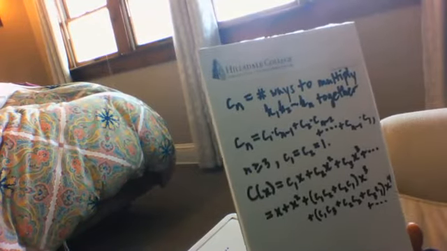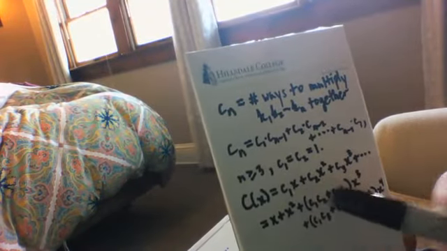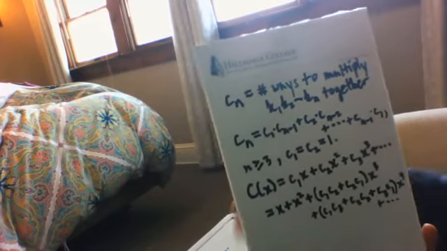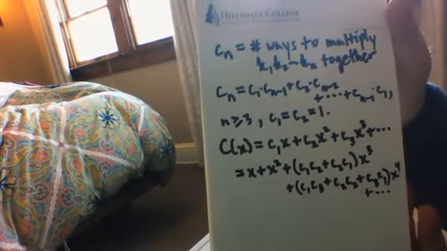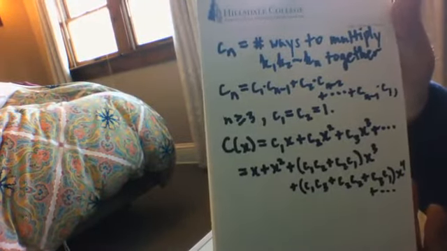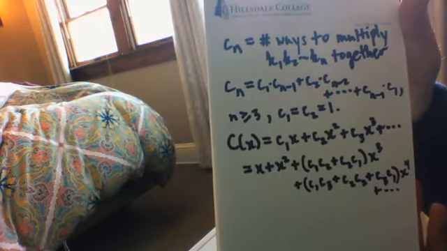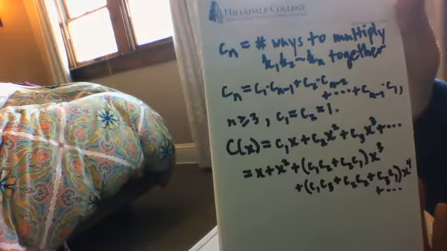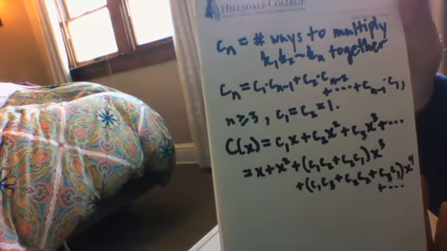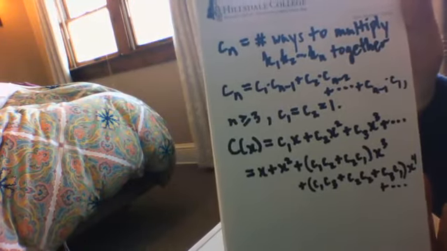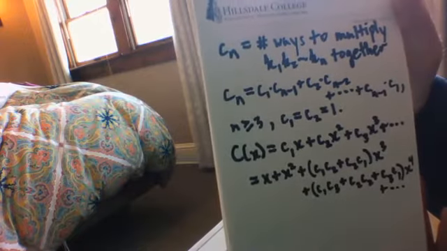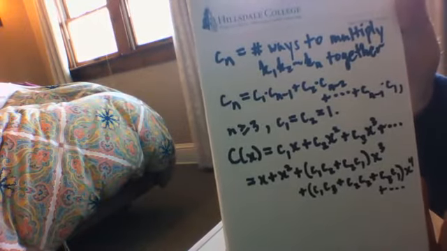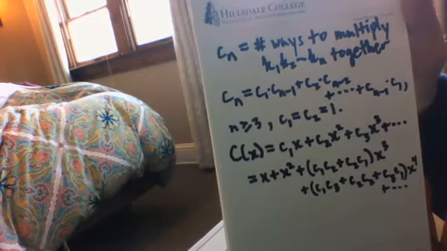So C(x) is given by, there's no zero term here, it just starts with C1. C(x) is C1 x plus C2 x squared plus C3 x cubed, plus etc. And here's what's interesting. We can invoke the recurrence relation. Of course, look at this: C1 is equal to 1, and so is C2.